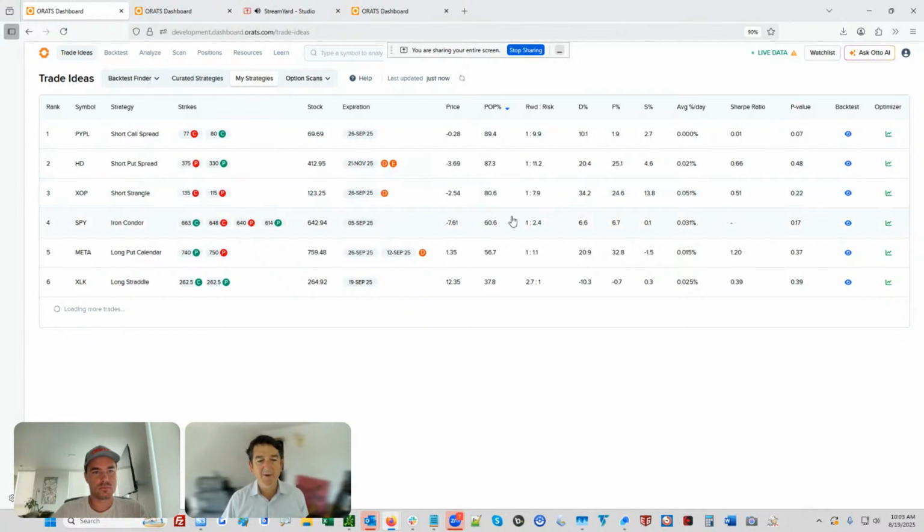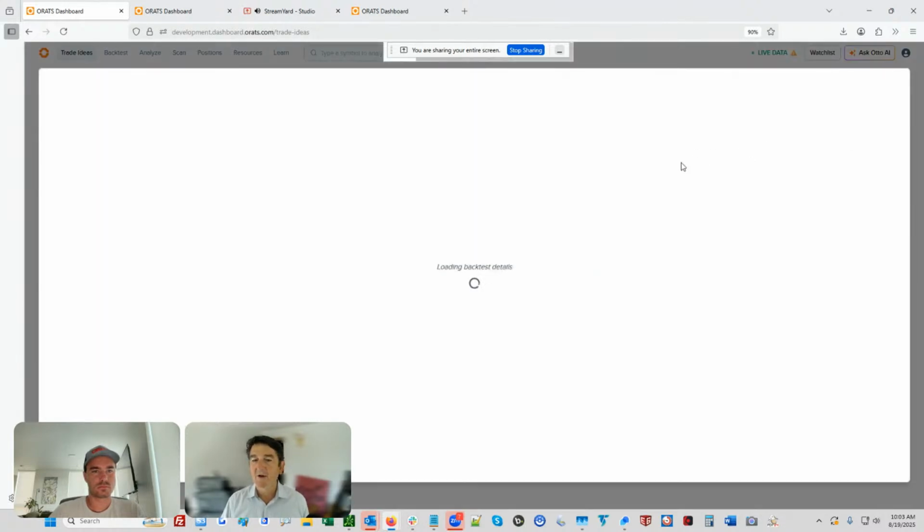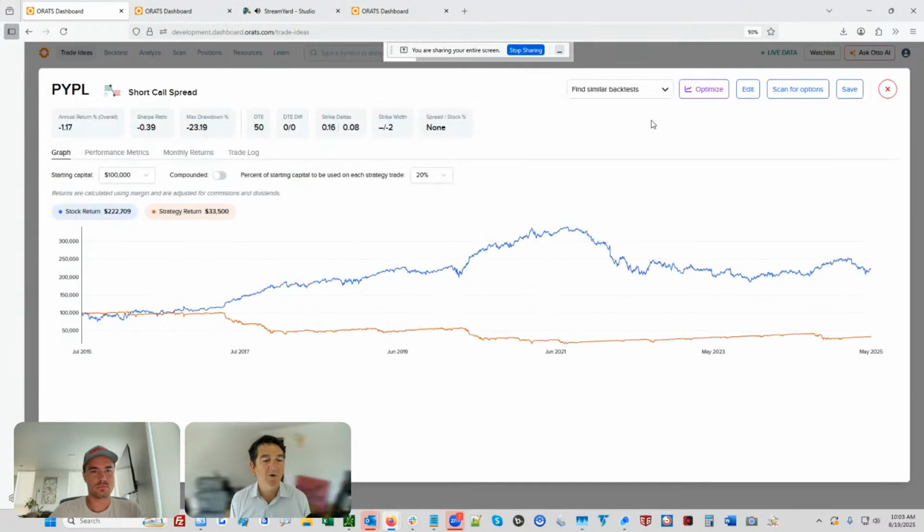So, for example, let's pick the top one. It's a short call spread. If I click on this, it will go get the original backtest that I started with. With the market going up so much since 2007, it's hard to find strategies that look good from a short perspective, like a short call spread, short deltas, or long put spreads.